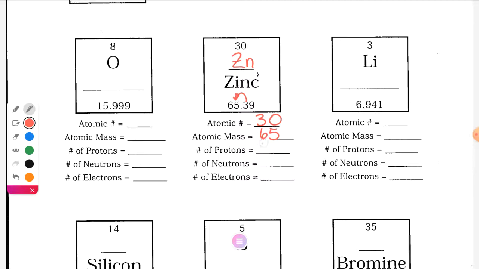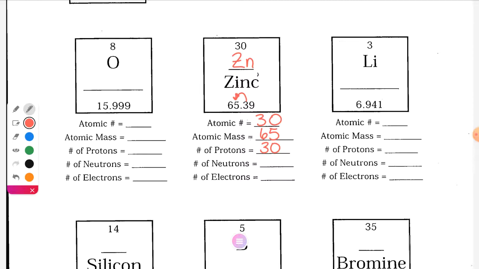Because the protons or electrons are the same thing. Okay, but we don't have electrons yet. So how else do you know that it's 30? Lexi? We don't add. Addie, B? The atomic number is 30.